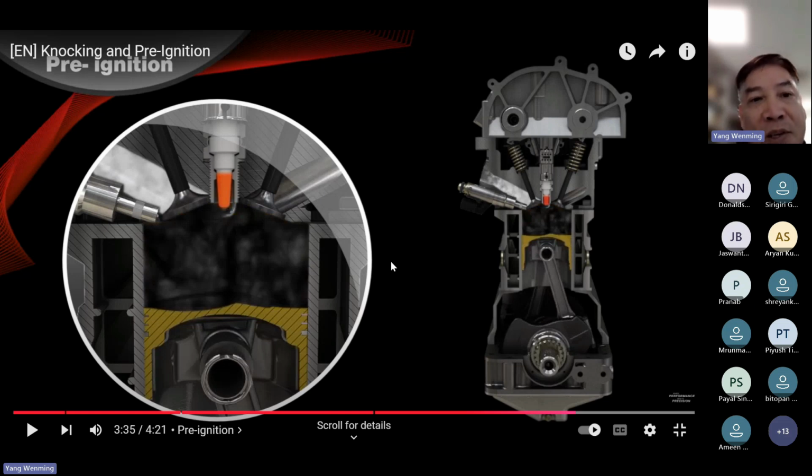This one is caused by imperfect contact between the spark plug and the supporting structure here. You can see we have a gap between the spark plug and the supporting structure. This will affect the heat transfer, so the spark plug becomes too hot and will auto ignite the fuel mixture before the optimum timing, correct?